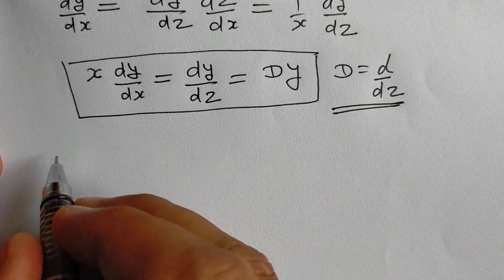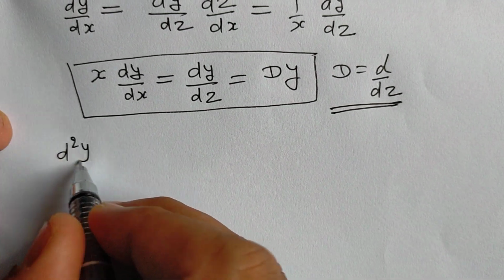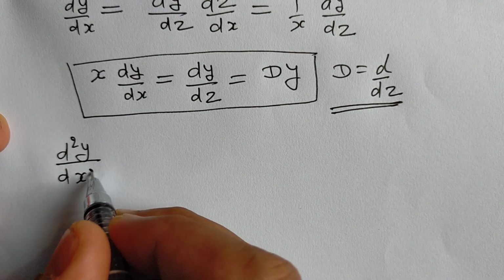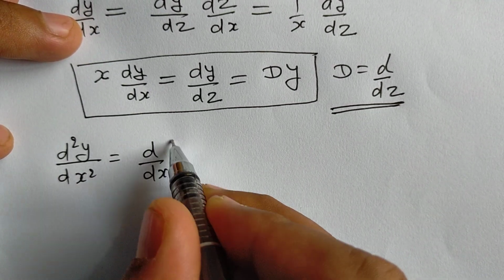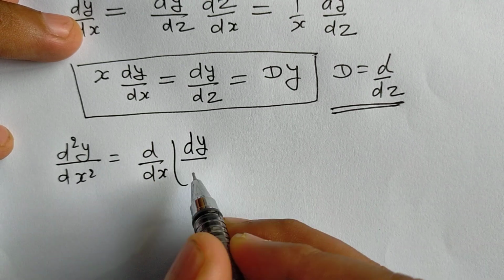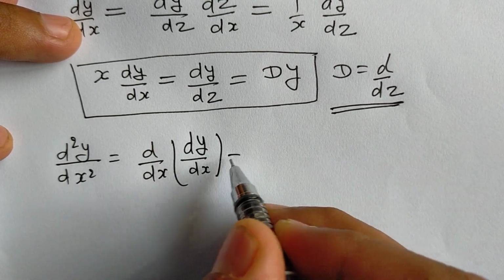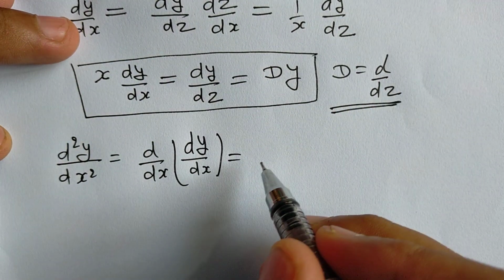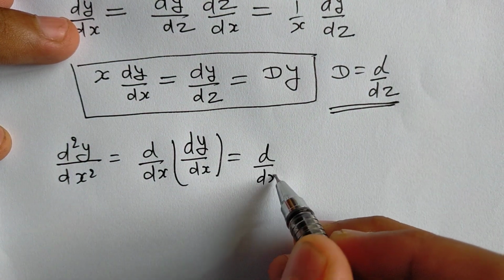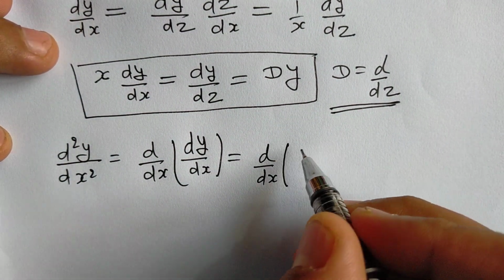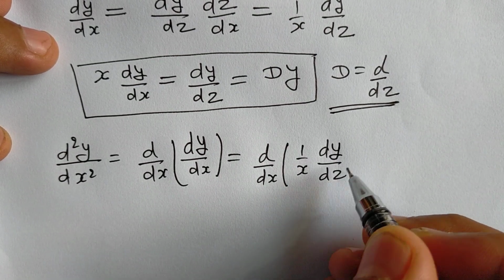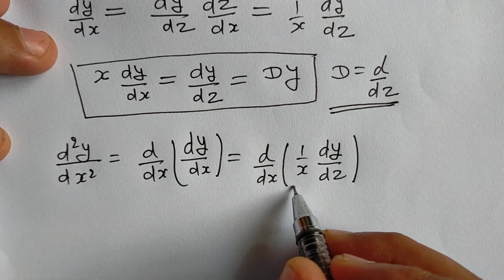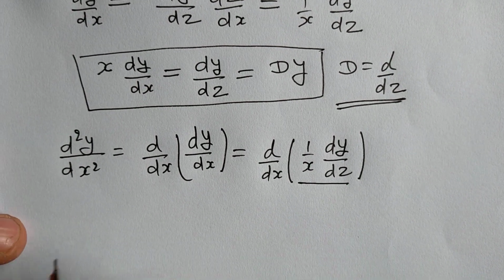Now let me find the second derivative. d2y by dx square equal to d by dx of dy by dx. So this equal to d by dx of 1 by x dy by dz. Now this is the derivative of a product of two functions.